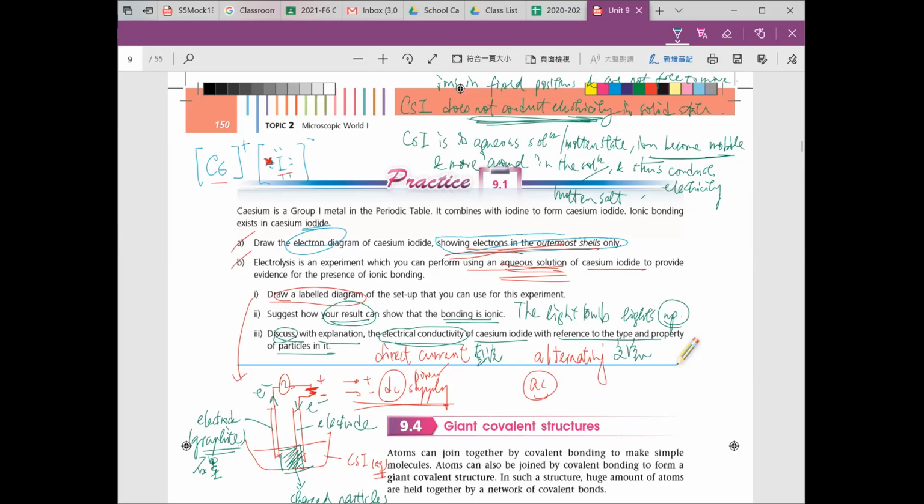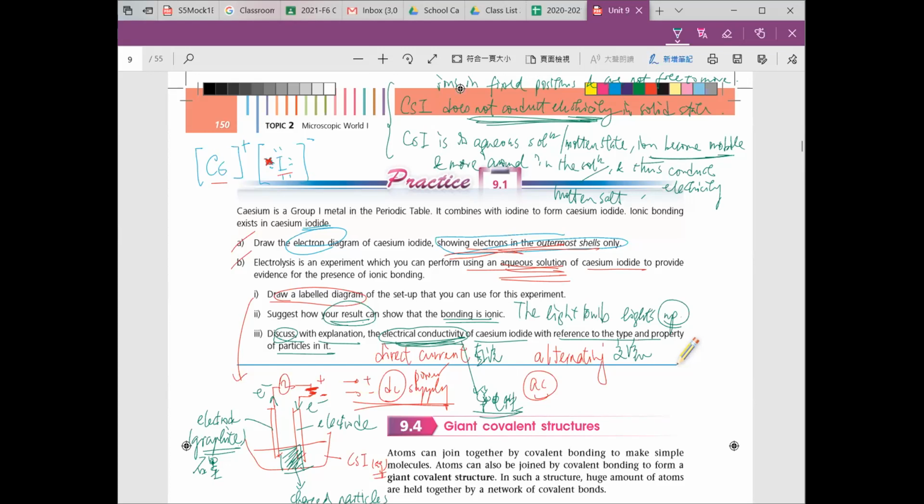So this is more complete when you talk about electrical conductivity. Remember this word in Chinese, we call it 導電性. It doesn't tell only the situation when it conducts electricity, but you have to tell also the situation where it does not conduct electricity, especially for the case of ionic compounds.